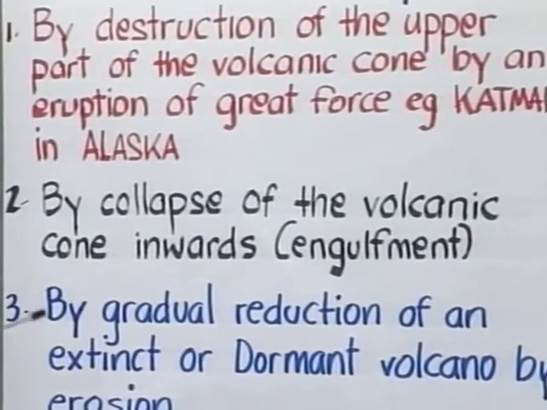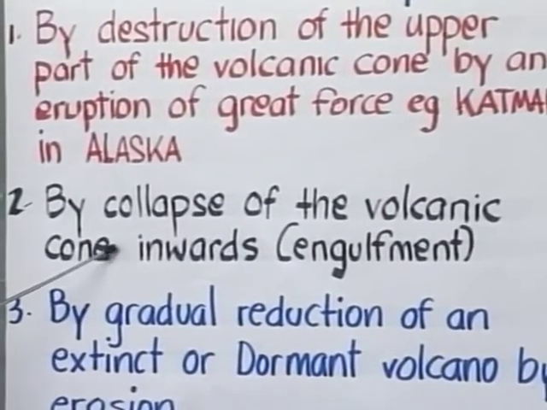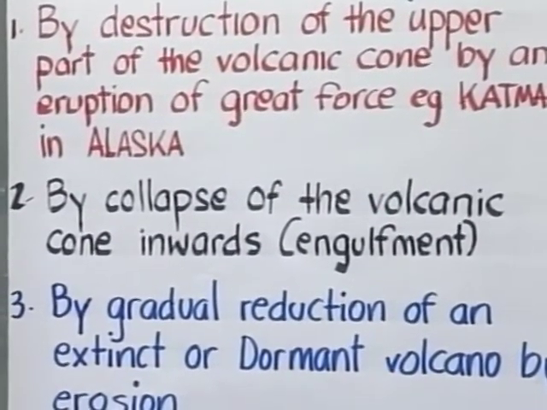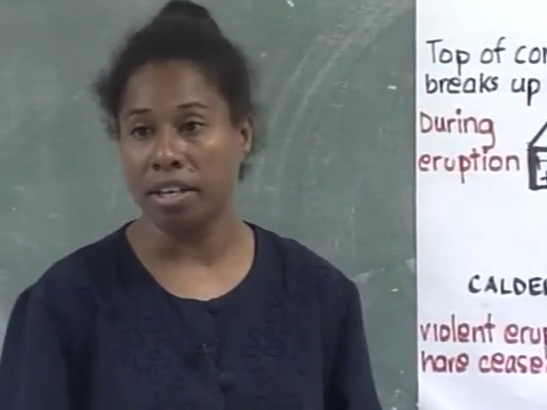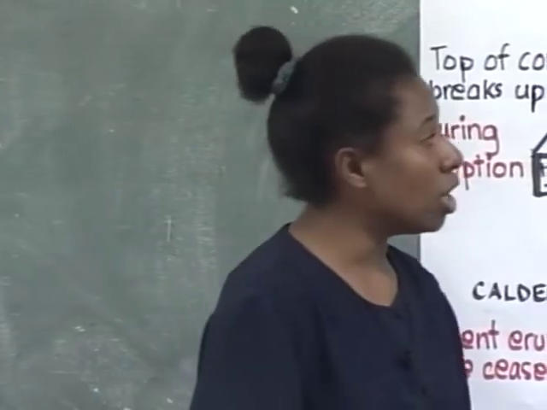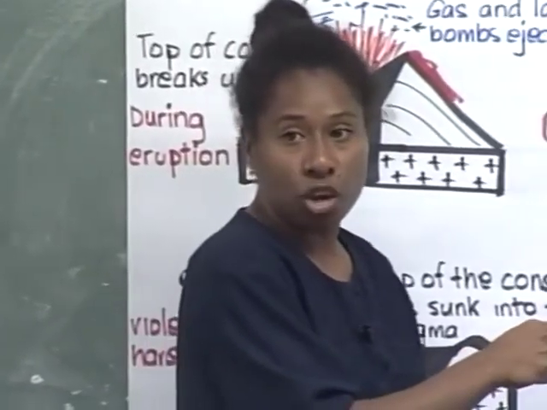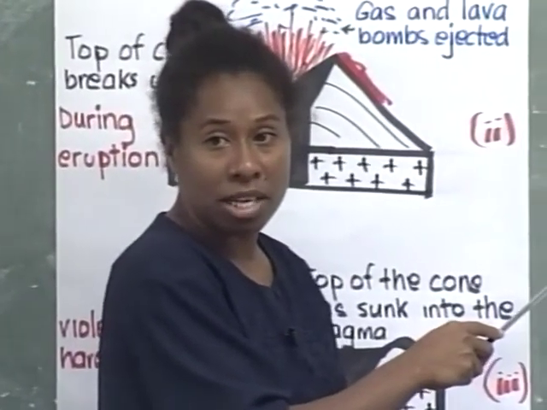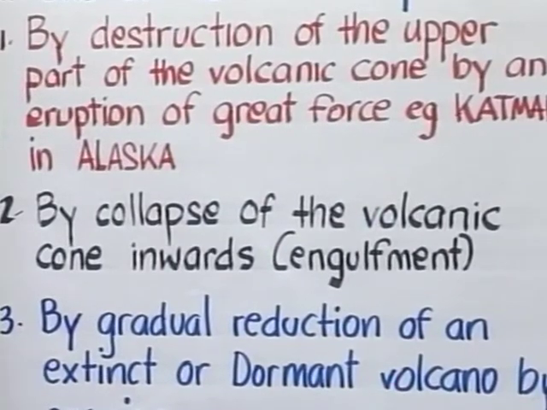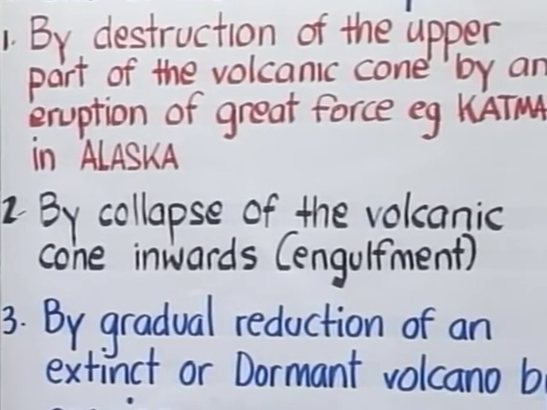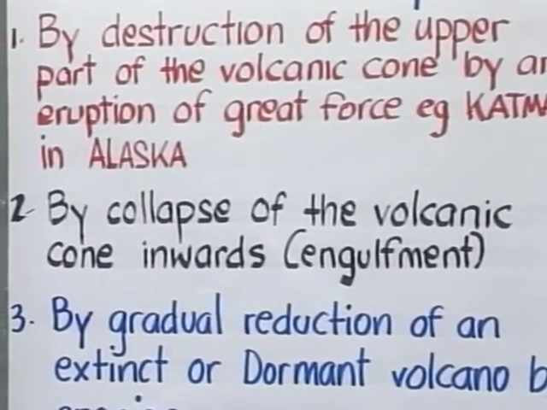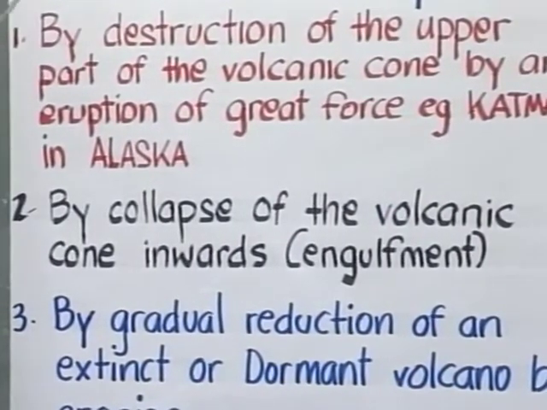Sometimes you can have the magma chamber emptied by continuous eruption. And when the magma chamber is emptied, that leaves a vacuum under the surface. So the top cone or the top layer gets to be engulfed, or it collapses in, resulting in a depression, giving us a caldera.